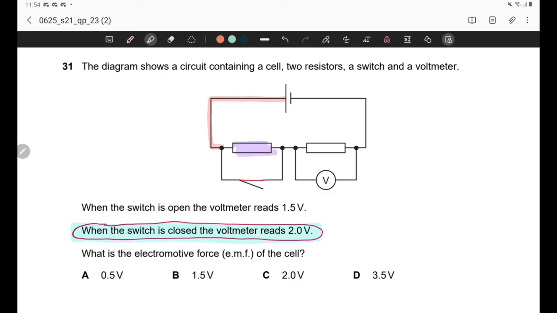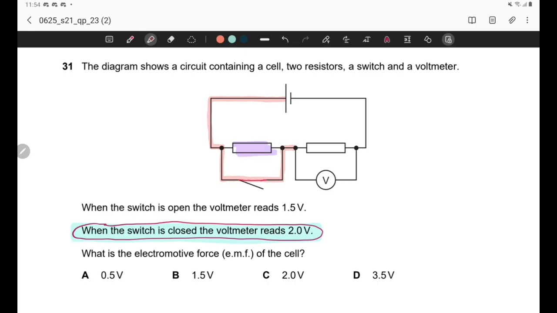So all the current will choose the path where there is no resistance. This is a property of current. If there are 2 paths and in one path there is no resistance and in another path there is a resistance, then the current will flow only through the path with no resistance. So once the switch is closed, there is a path without any resistance for the current. So all the current will follow that particular path. So there won't be any current flowing through the resistor.